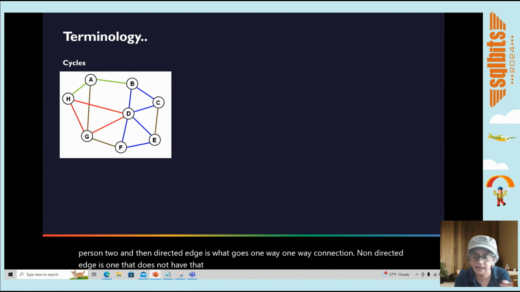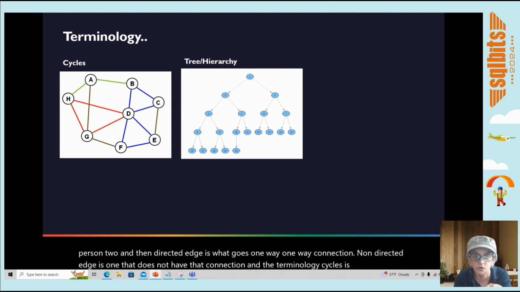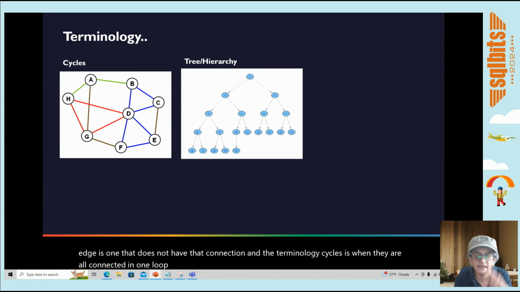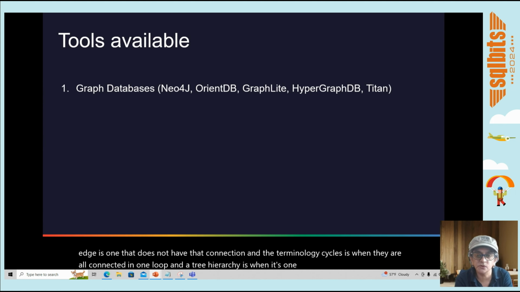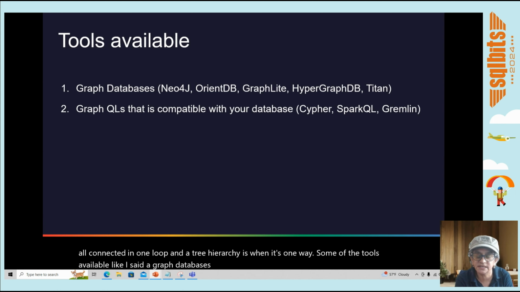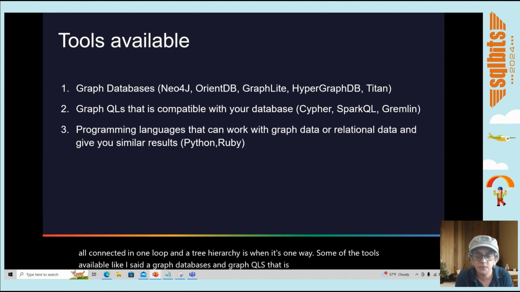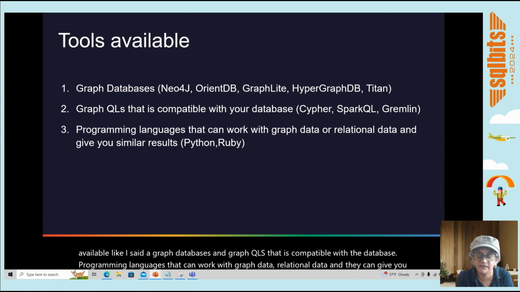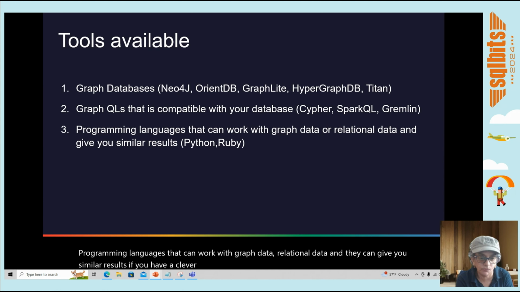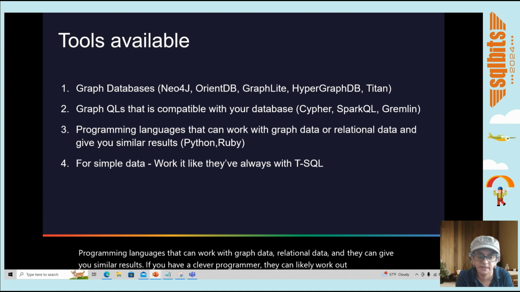And the terminology, cycles is when they are all connected in one loop, and a tree hierarchy is when it's one way. Some of the tools available, like I said, graph databases and GraphQL that is compatible with the database, programming languages that can work with graph data or relational data, and they can give you similar results. If you have a clever programmer, they can likely work out things based on your relational database too.